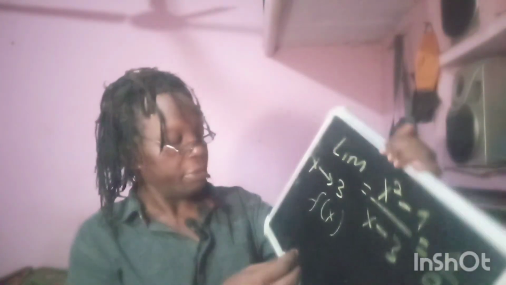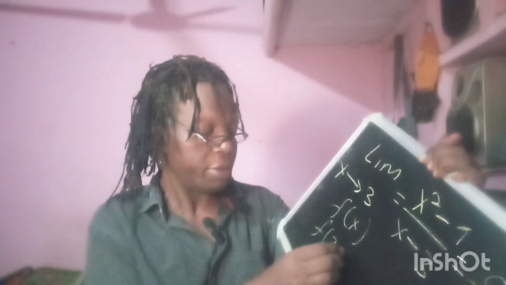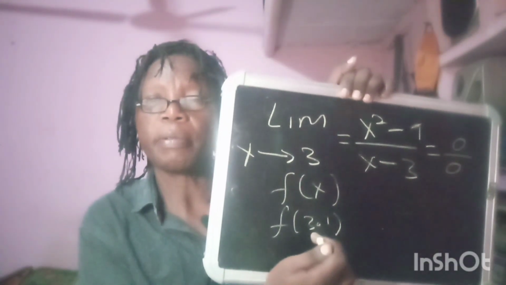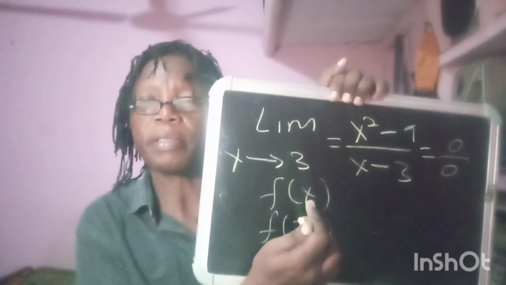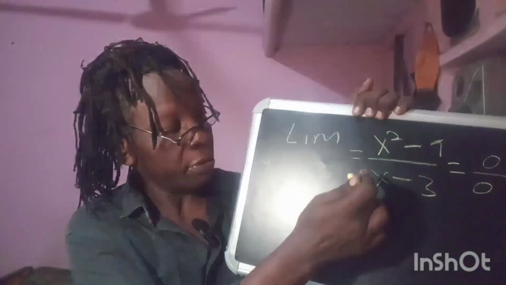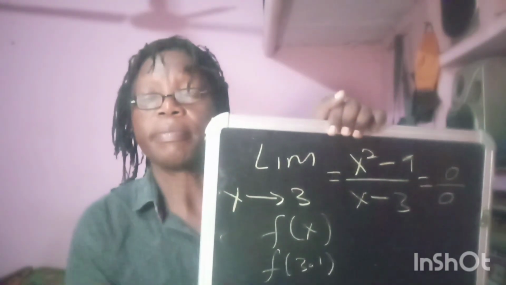So now let's say that value here is f of 3.1. You see 3.1 has been taken in place of x. According to the expression you are given here, let's calculate the value.